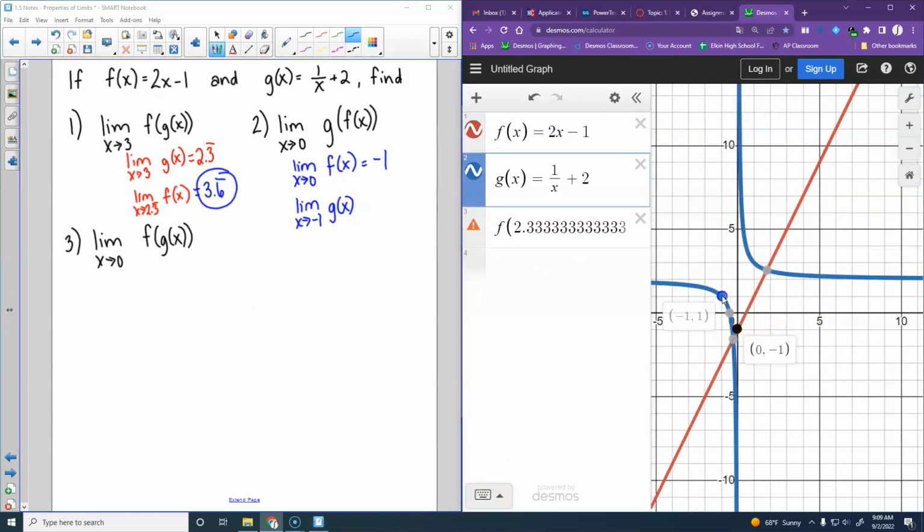And so over here, at -1 on our g of x function, we are getting a +1 at that point. So that would be our answer here.